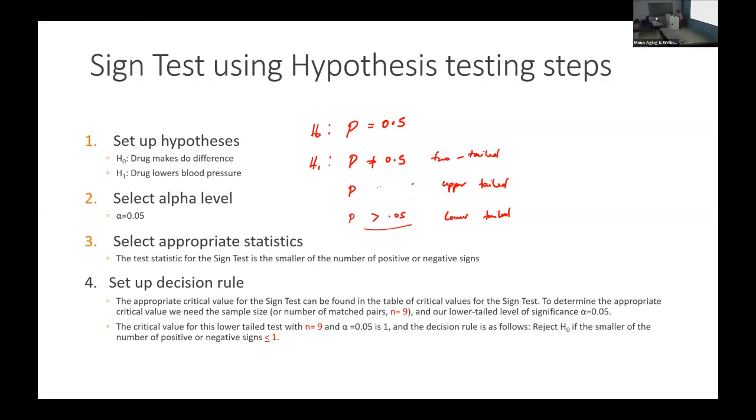P is greater than 0.25. All right, walk us through the thinking. Half the probability. But why would you do that? Because it's one tail.